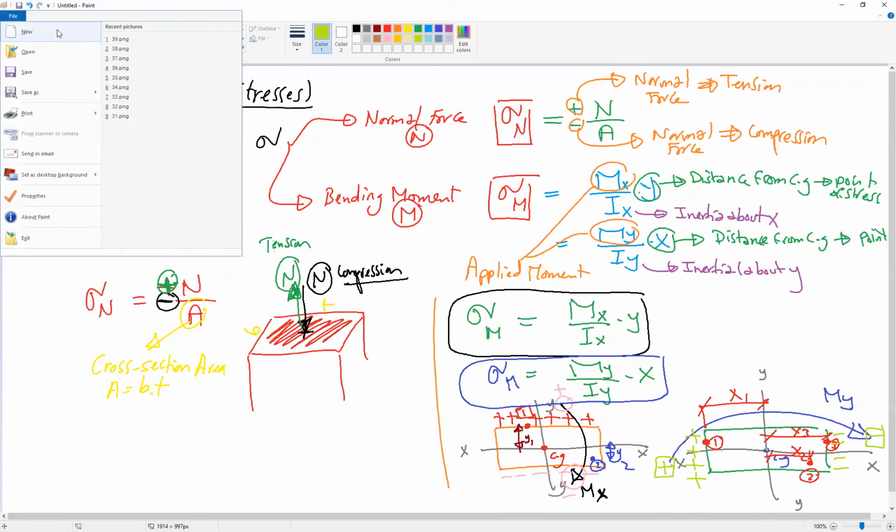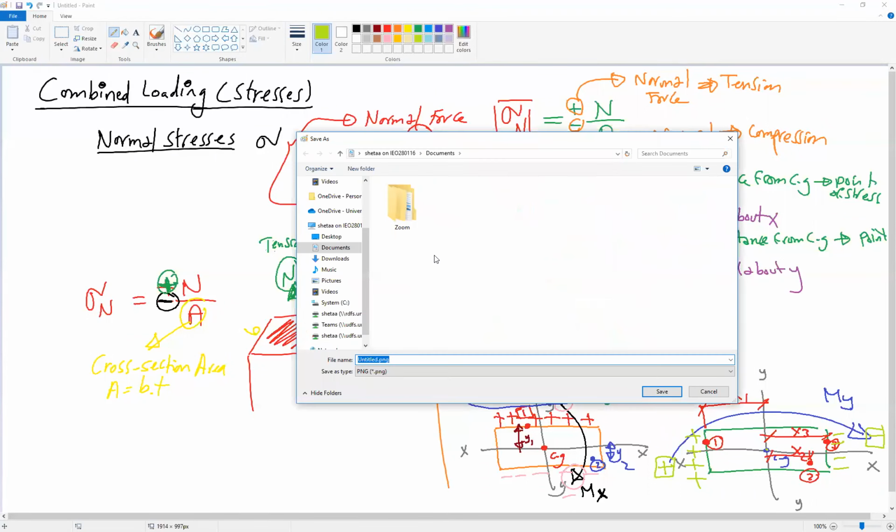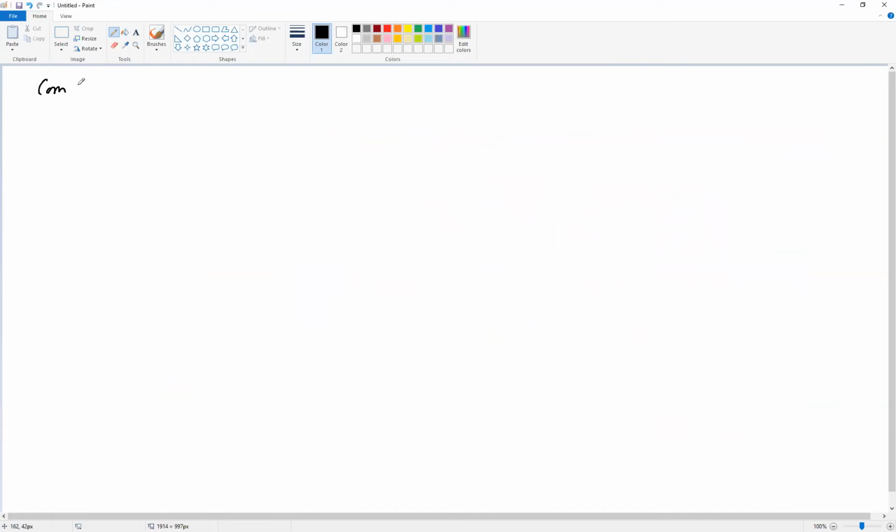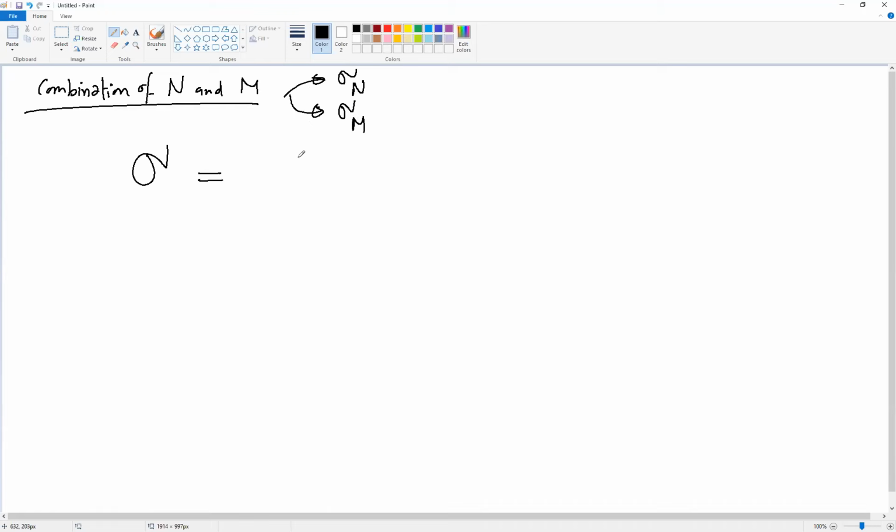So if we have M and N, we have sigma N and sigma M, and our formula will be sigma equal to sigma N plus sigma M.